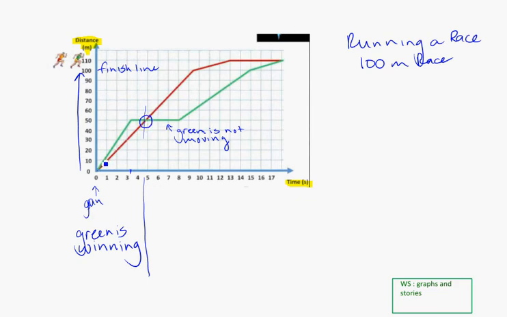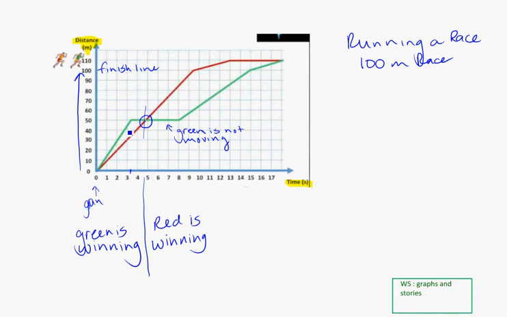We'll notice that the green athlete here is always above the red one, but at that particular point, who gets the lead now? Who breaks ahead? We notice that it's the red athlete now that is winning, because he is getting closer to the finish line. He's now 60 meters from the start, and then 70 meters from the start roughly, and he's carrying on.